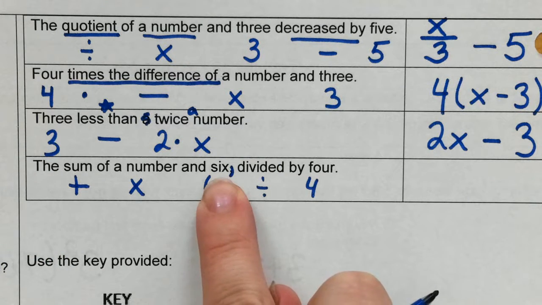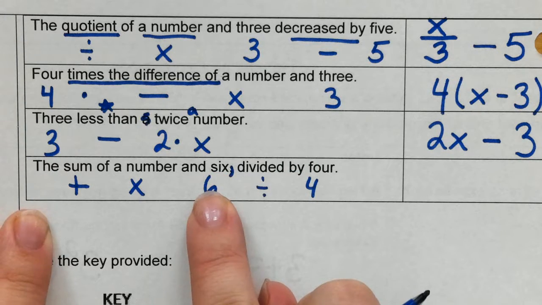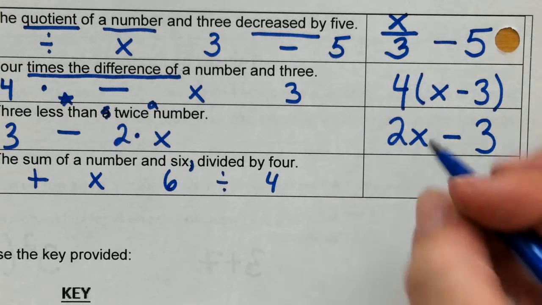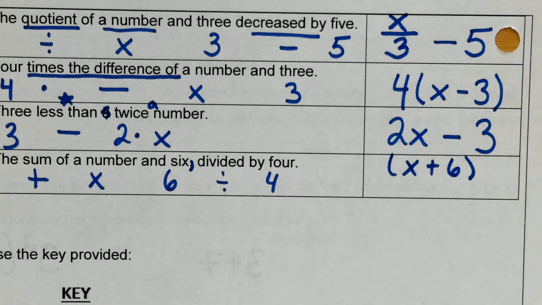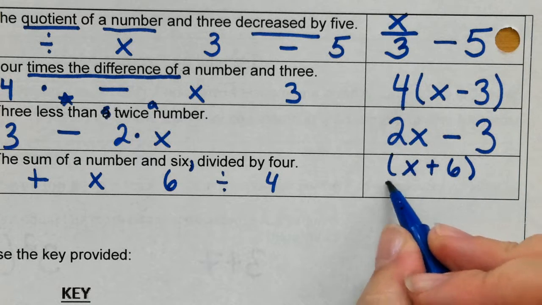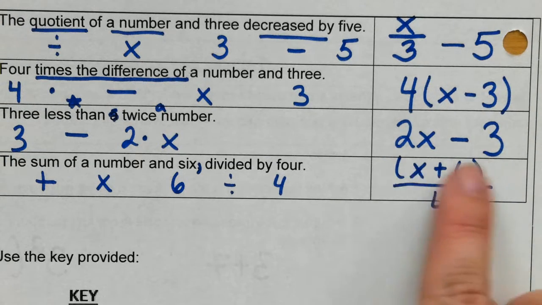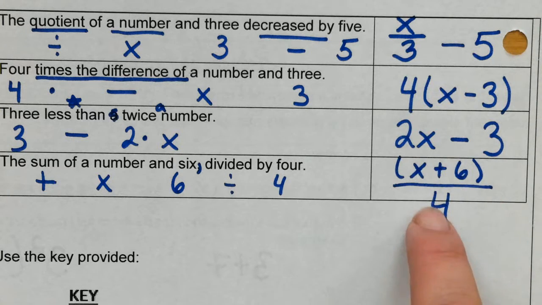It's not 6 divided by 4. It's the sum of a number and 6. So if you're already ahead of me, you guessed it. x plus 6 is going to be in parentheses, and this whole thing is getting divided by 4. The sum of a number and 6, divided by 4.